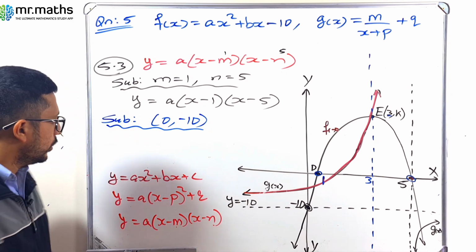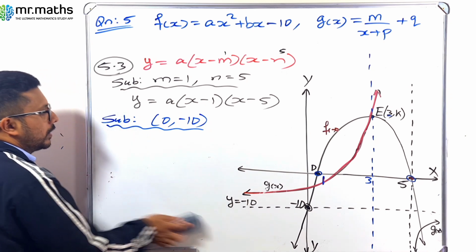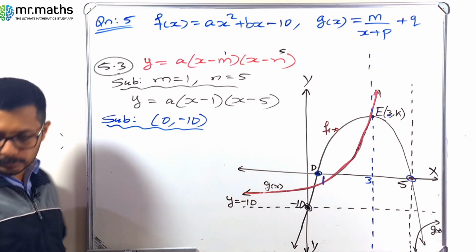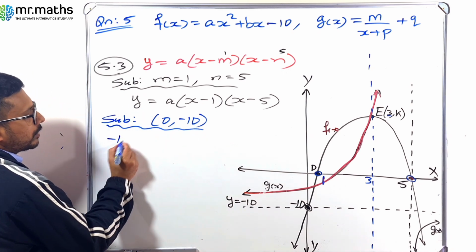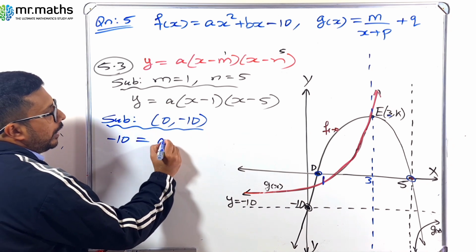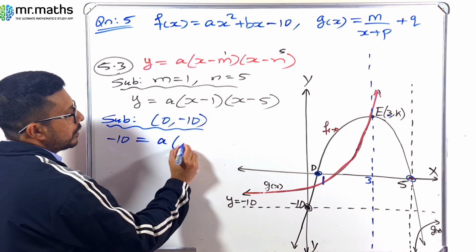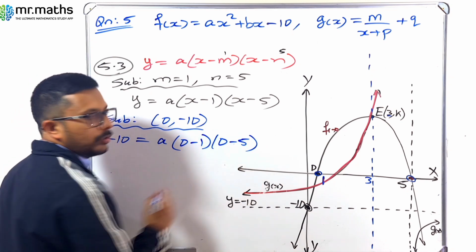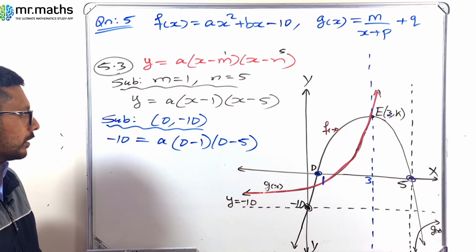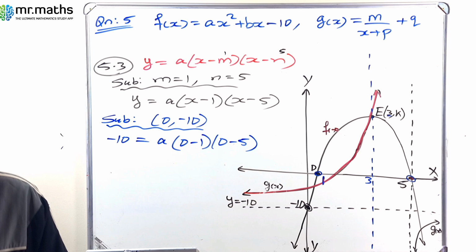So in this equation we can substitute the value of x as 0 and y as minus 10. So minus 10 is equal to a into 0 minus 1 into 0 minus 5.